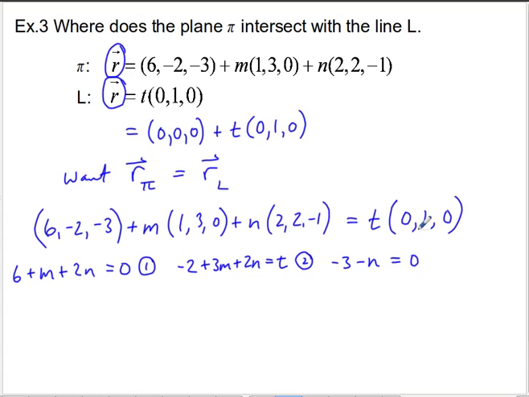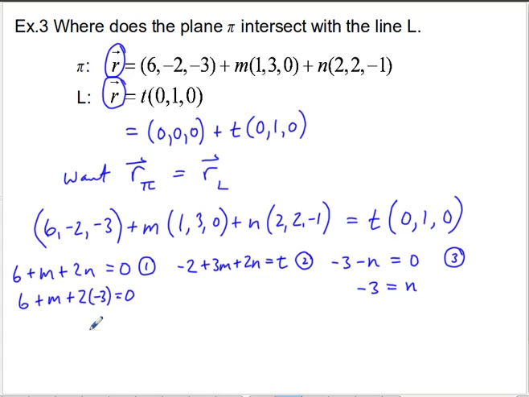So from there, we can actually solve this immediately. This third equation immediately yields that n must be equal to -3. And now that I know what n is, I can simplify my other 2 equations. I end up with 6 plus m plus 2 times -3, because I know what n is.